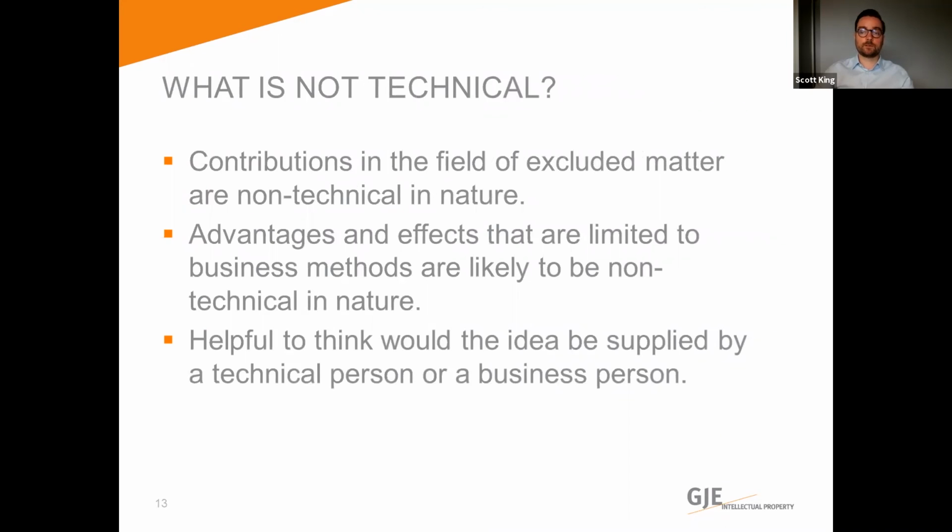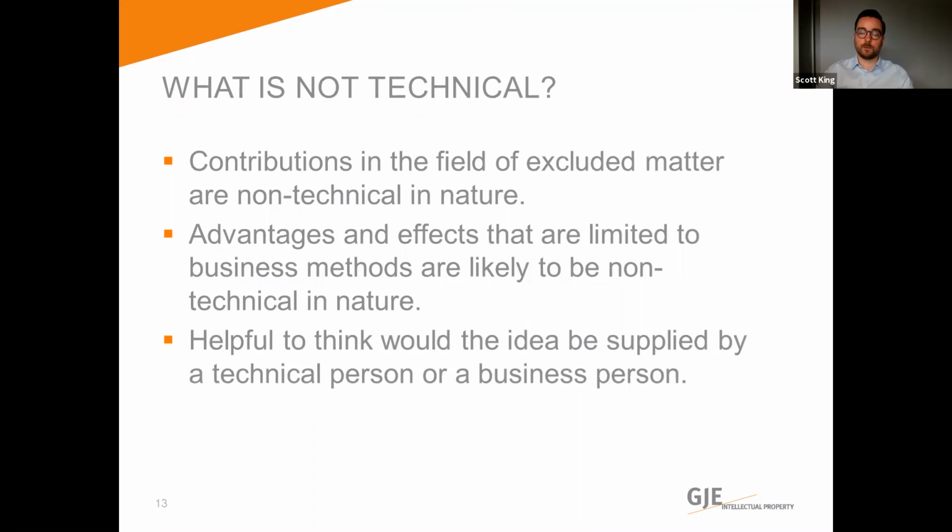A good way to understand what is technical is to first of all think of things that are perhaps not technical. Contributions in the field of excluded matter will be non-technical in nature. Advantages and effects that are limited to business methods are also likely to be non-technical in nature. It's sometimes helpful to think who would have come up with the idea.